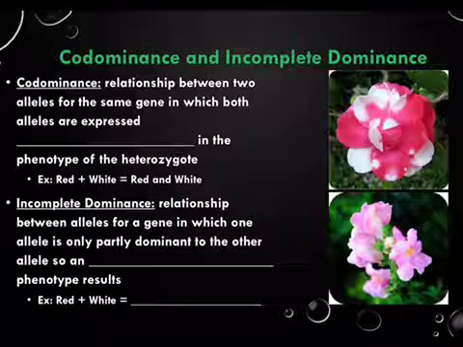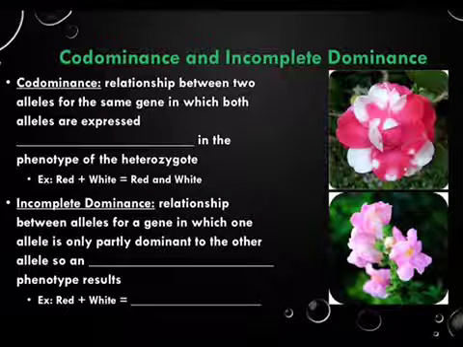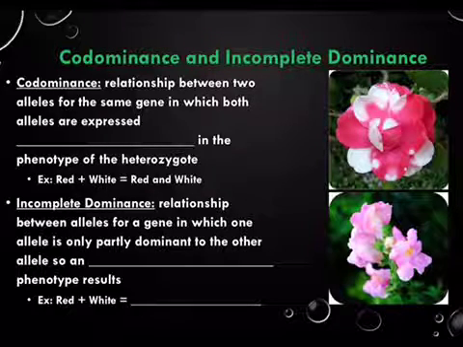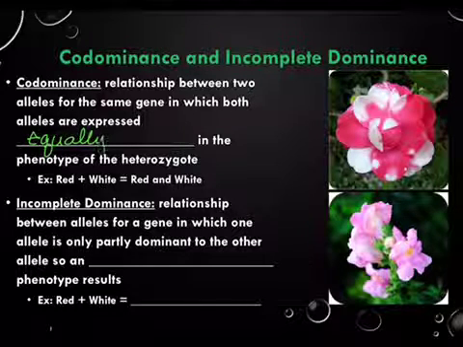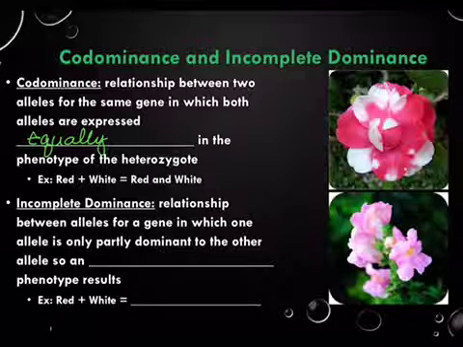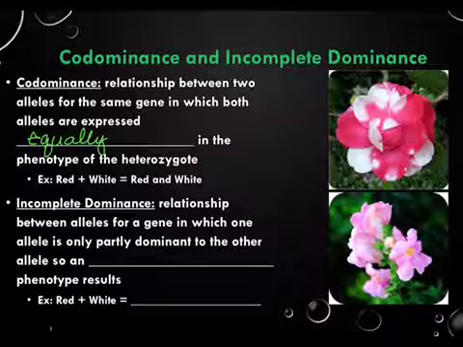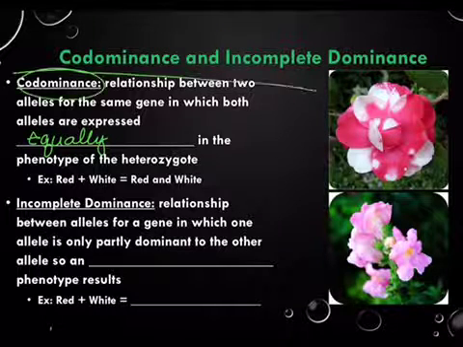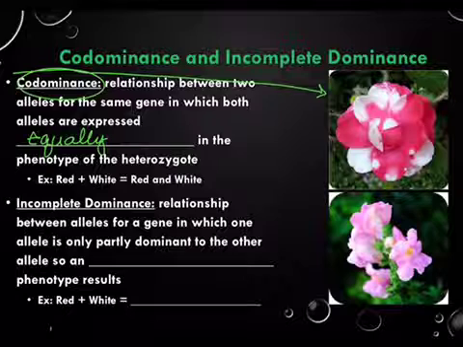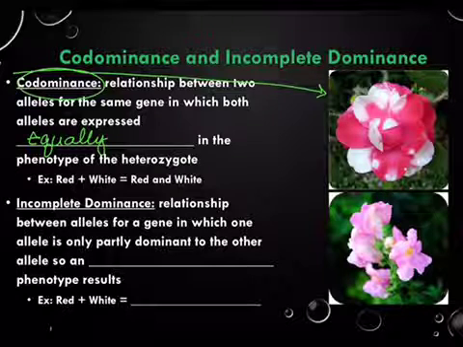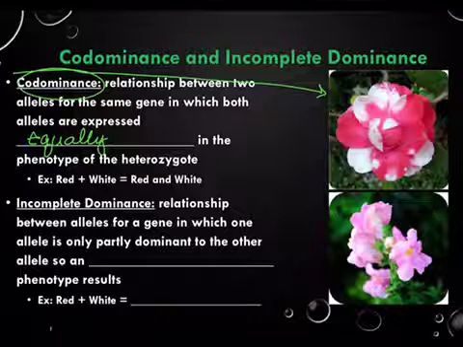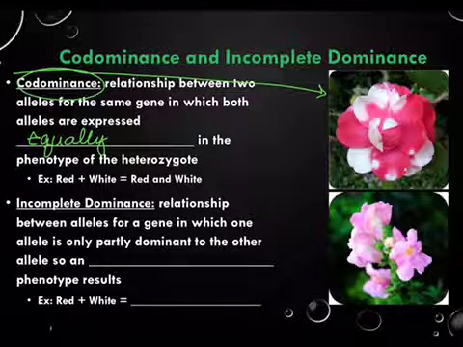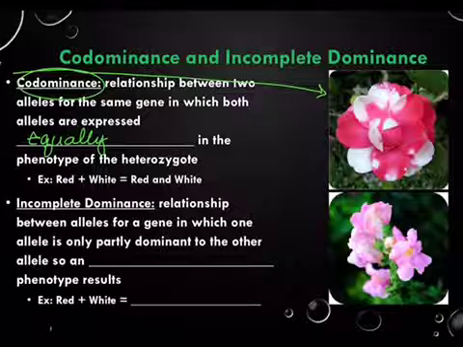So codominance is a relationship between alleles for the same gene in which both alleles are expressed equally in the phenotype of the heterozygote. So this would be your example of codominance right over here. And you can see that we have red and white showing up together. And so when we have genotypes for a codominance, it's written in all capitals.